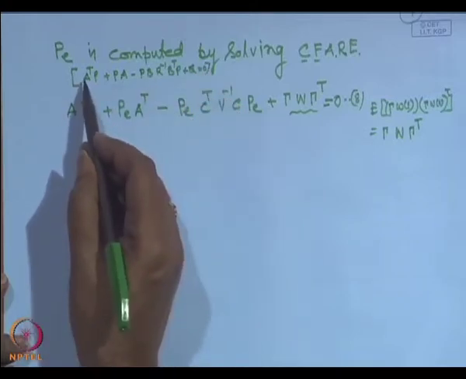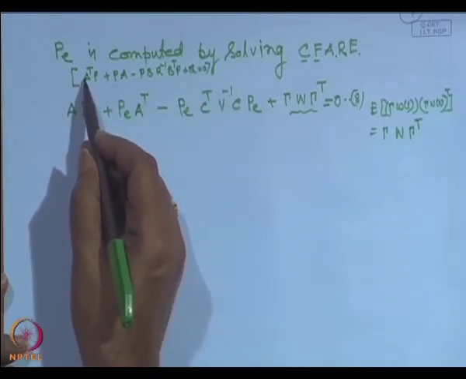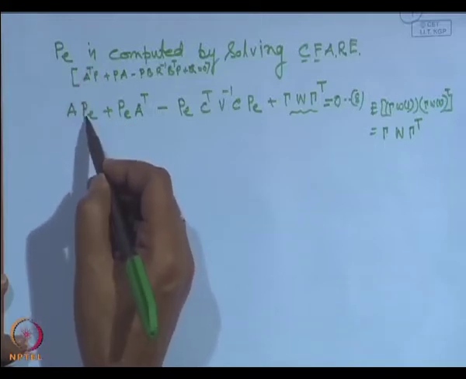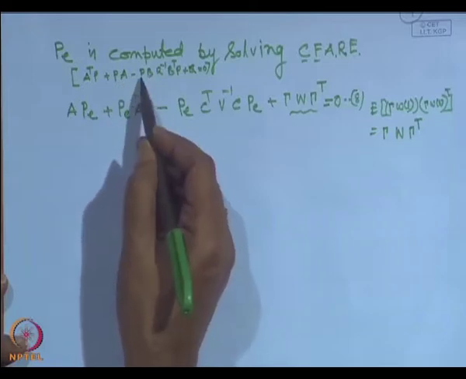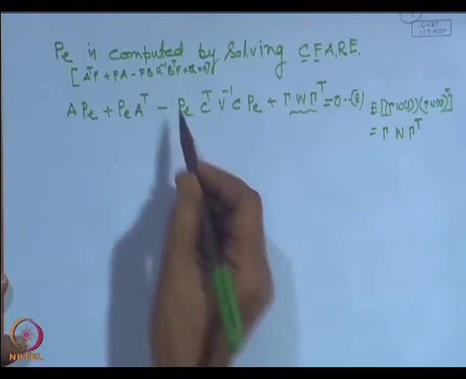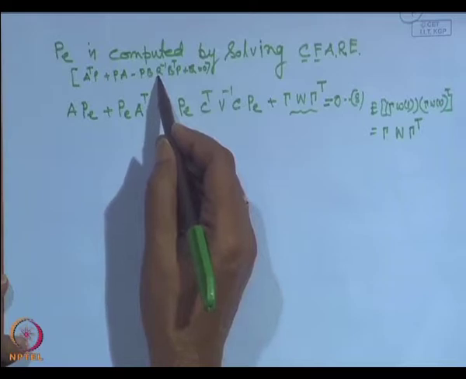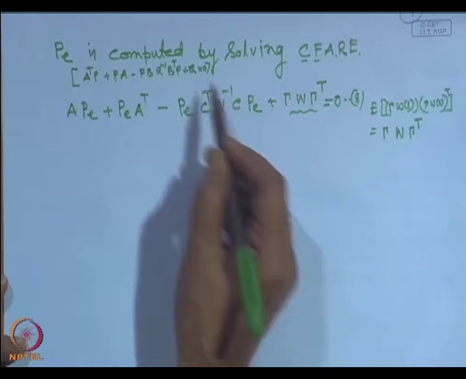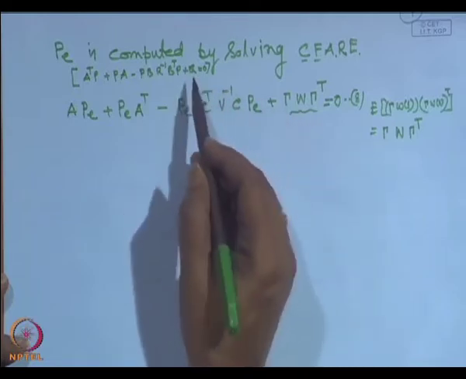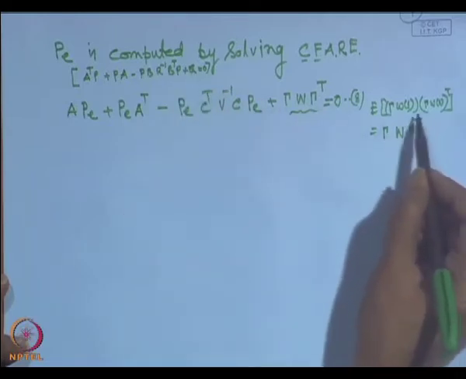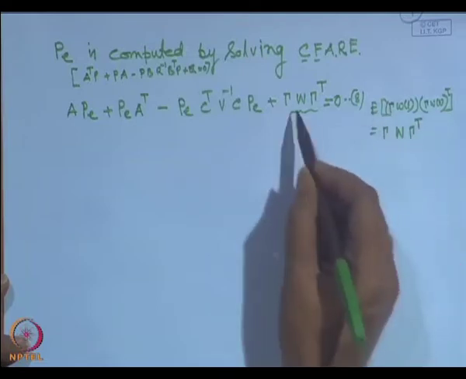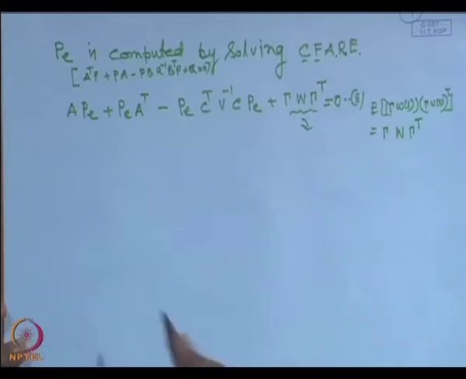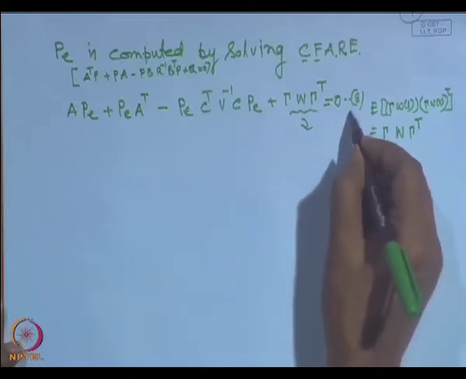So, A is replaced by A transpose, and its transpose A. P is replaced by P E, the error covariance matrix, B is replaced by C transpose, and R is replaced by the measurement noise covariance matrix V, and so on. And this Q, as I have shown you, is the noise covariance matrix. So, this is equation number 8.